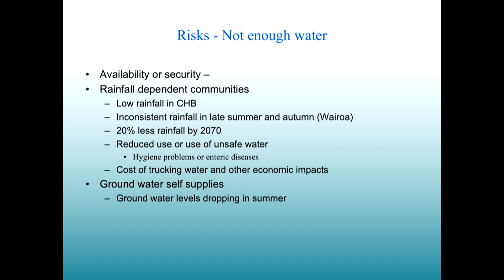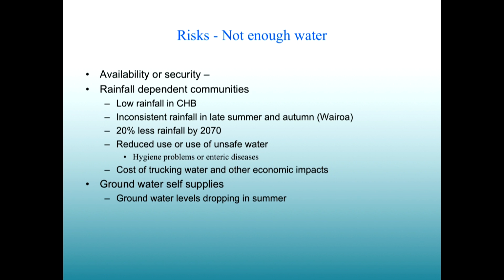The first risk I want to talk about, though, is actually not having enough water, and that actually is a very real problem for some people in our region. So we have rainfall-dependent communities, as well as communities whose groundwater is from more superficial layers within the aquifer.